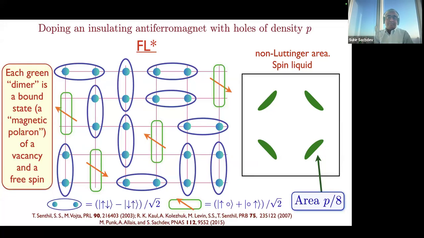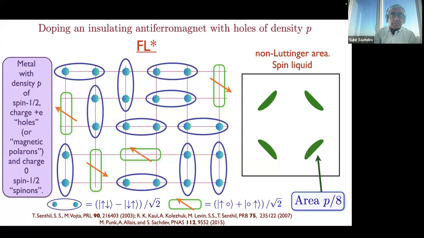If you gain some energy in this bound state, which some people call a magnetic polaron, a bound state of a vacancy or a holon and a spin, then the system will be willing to pay the price to create the spinons because you gain that energy back when you form the bound state. And there are various arguments one can make that that's always the preferred thing to happen.